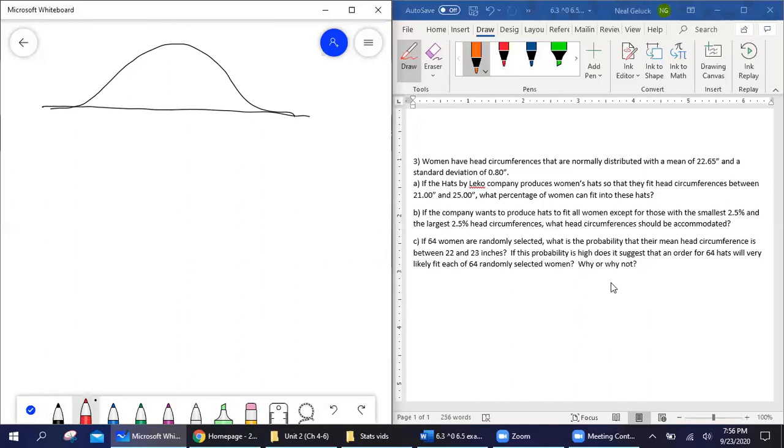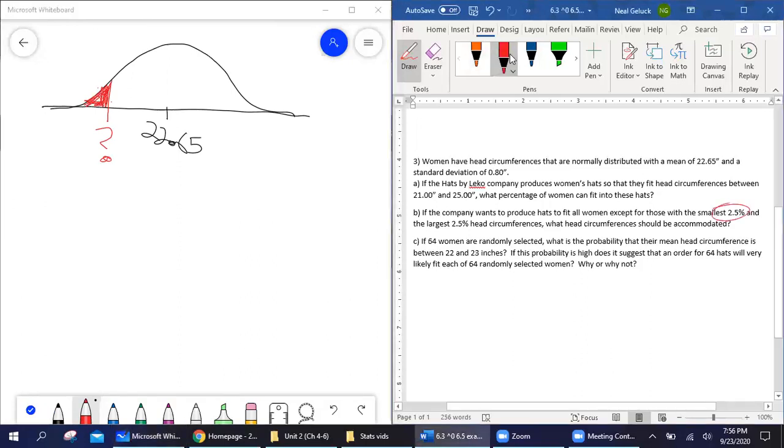So I've still got my mean in the middle, 22.65. But there's some cutoff over here, I don't know what that cutoff is, where this area would be, well, I've got to take 2.5, turn that into a decimal, so 2.5 shifted over 2.